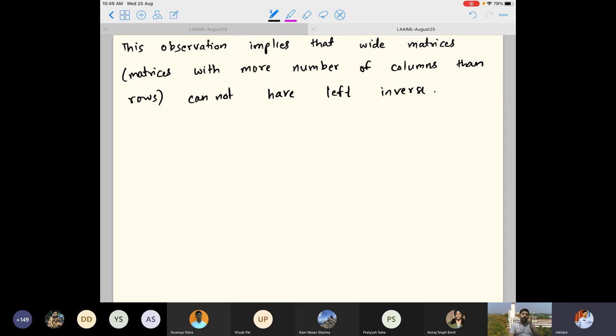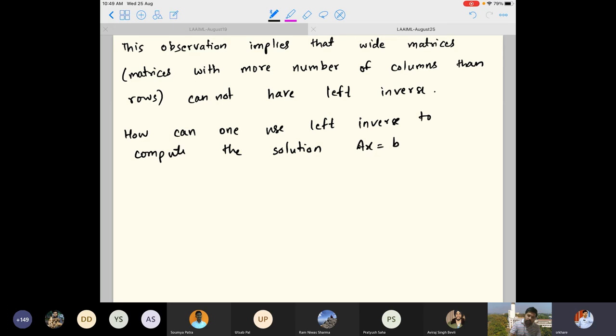So now the next question that naturally arises is, how can one use this left inverse to compute the solution of AX equals B?